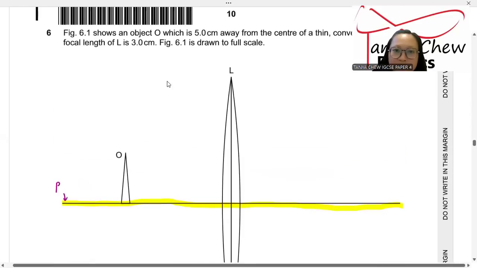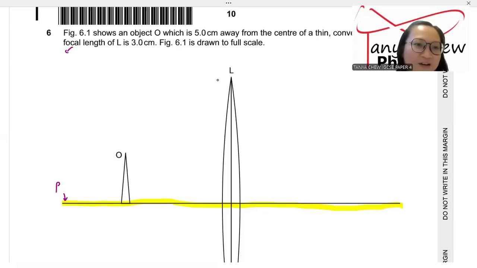Since they give you the focal length, it is the distance between the center of the lens and the focal point.